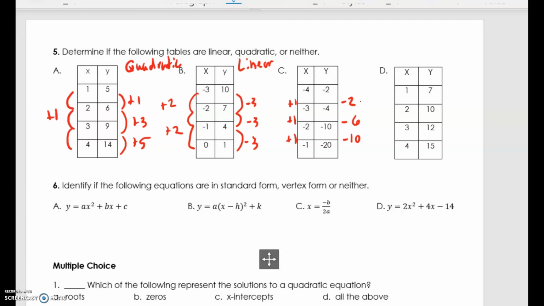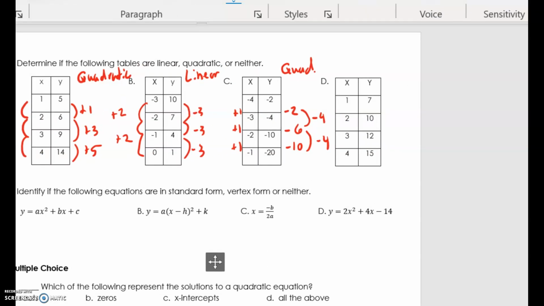And if I look at the second difference, is that the same? Because it's definitely not linear. So from -2 to -6 is -4. And from -6 to -10 is also -4. So yeah, the second difference is the same. So we would say quadratic.